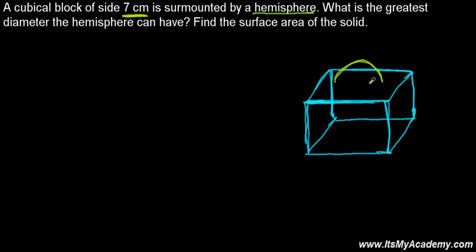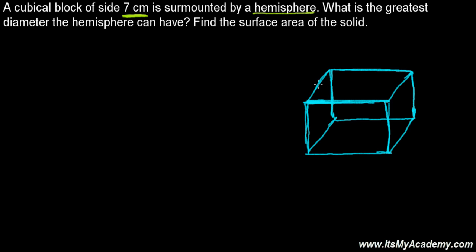While making the hemisphere, we need to make such a hemisphere that has the greatest diameter. When I make a smaller one, the diameter was very small, and when I made it a little bigger, the diameter was bigger. When I make it much bigger, the diameter was bigger still. So what is the biggest hemisphere having the greatest diameter?